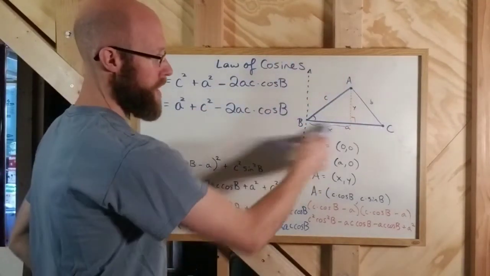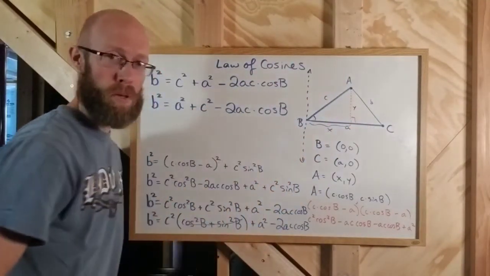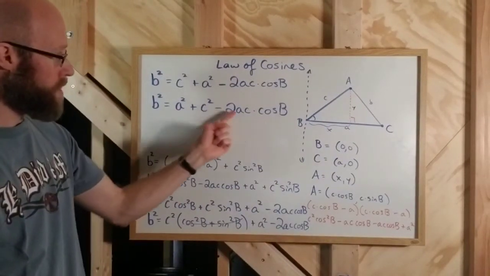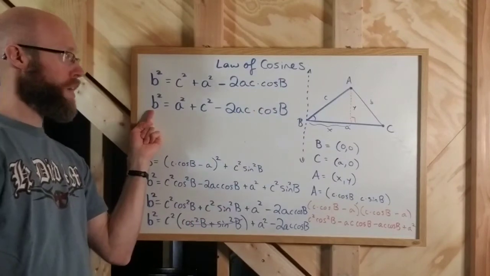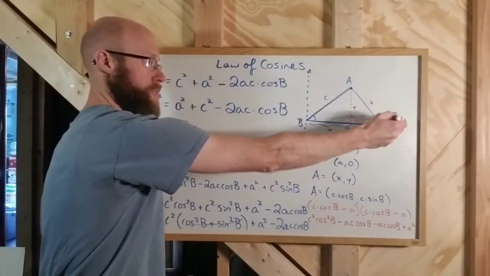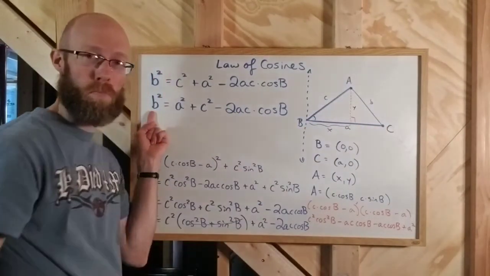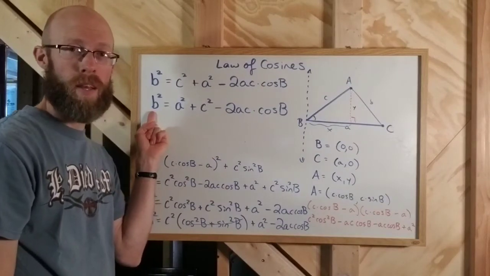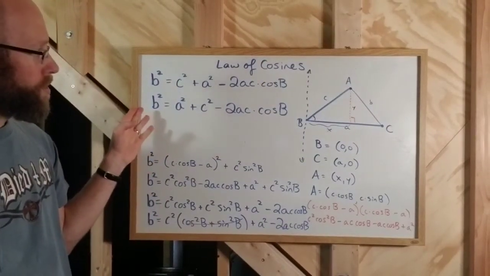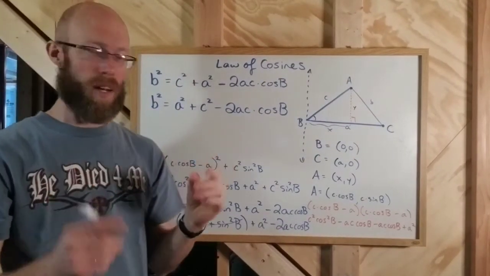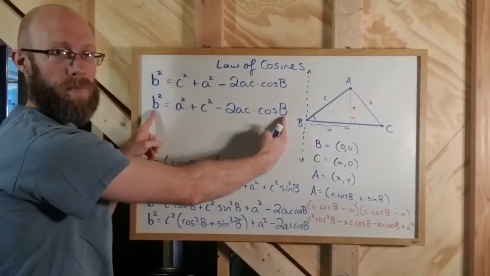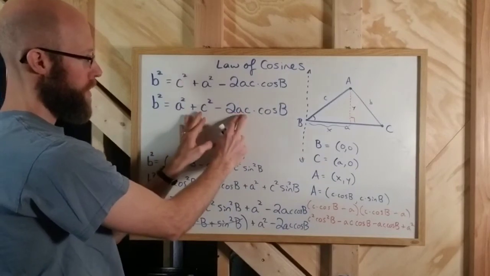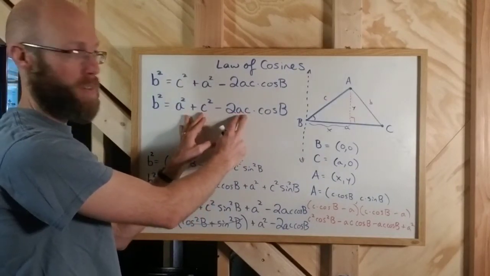So you have A and C and the included angle B. On the other side of the equation is just the opposite side from that angle, B squared. Okay? So things are separated out kind of nicely. You have a side and its opposite angle, and in between here you have the adjacent sides.